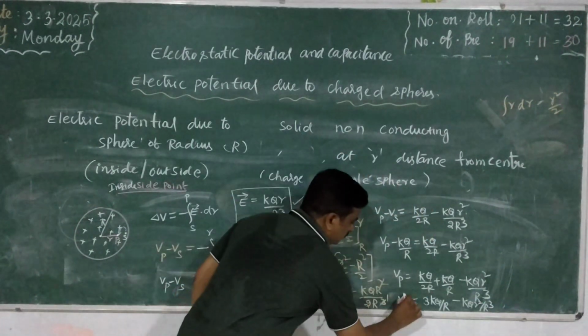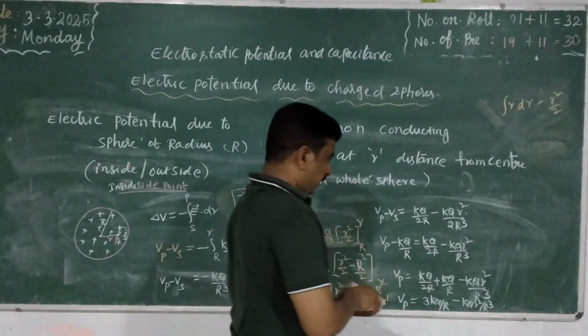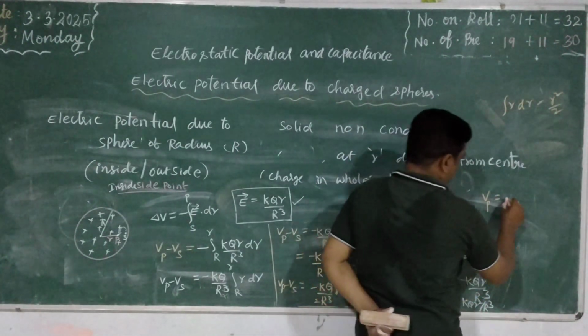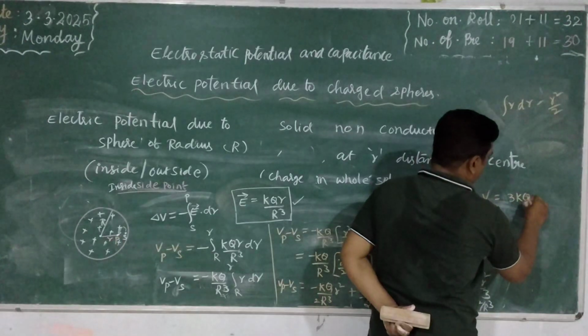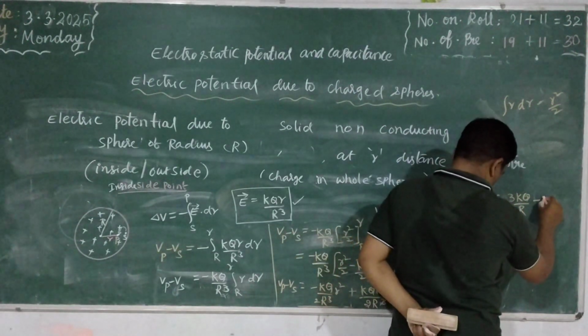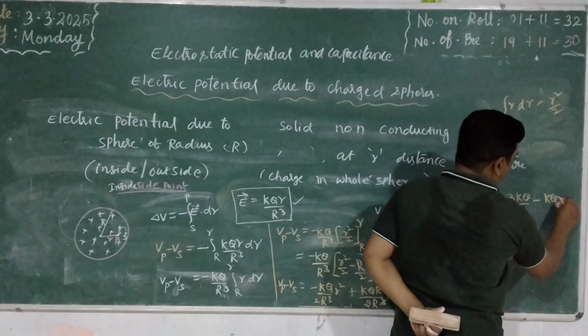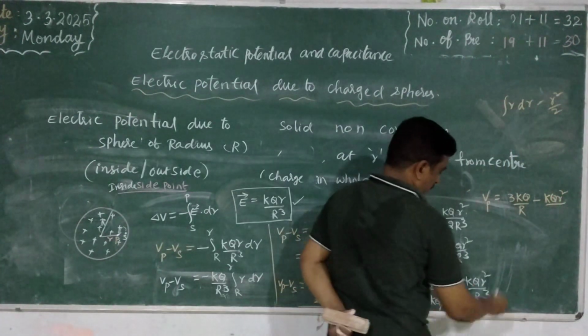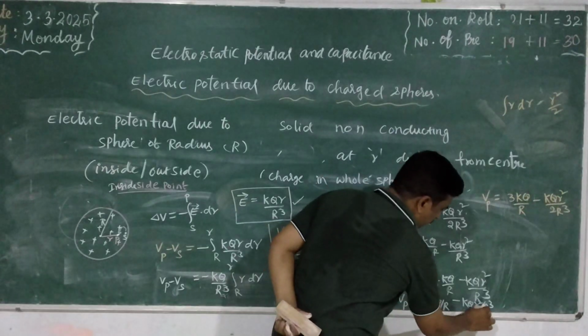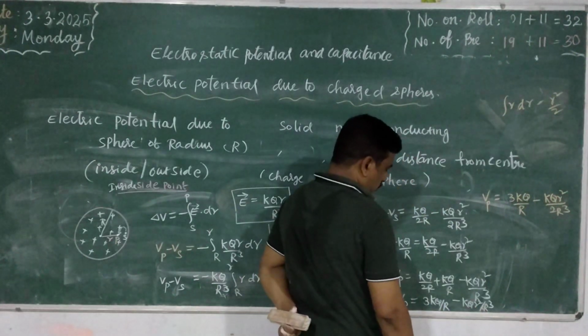This is the potential at point P. See, I write here potential at P is 3 KQ by R minus KQ r square by 2R cube. This we get here 2R cube.